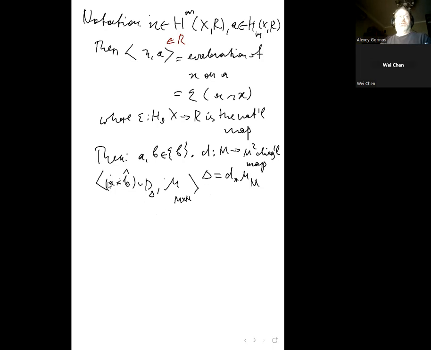Okay, so let's look at this formula again. So this is what we're after. And this is the fundamental class of the square.